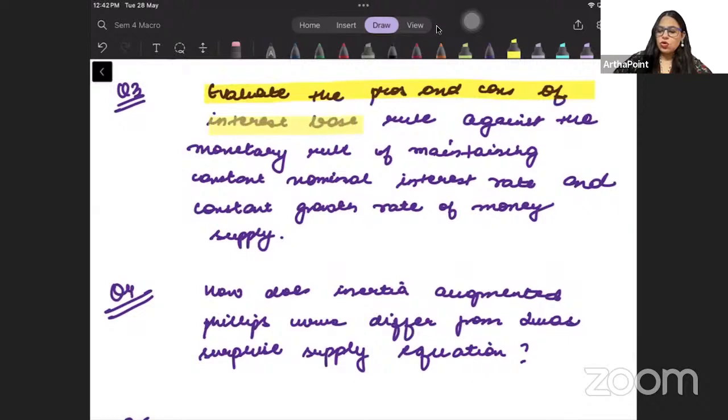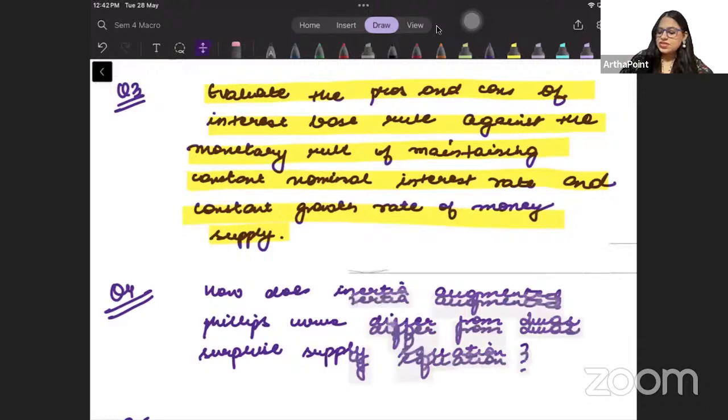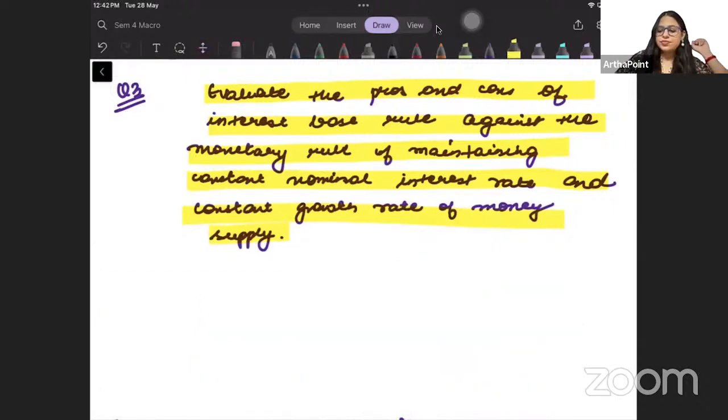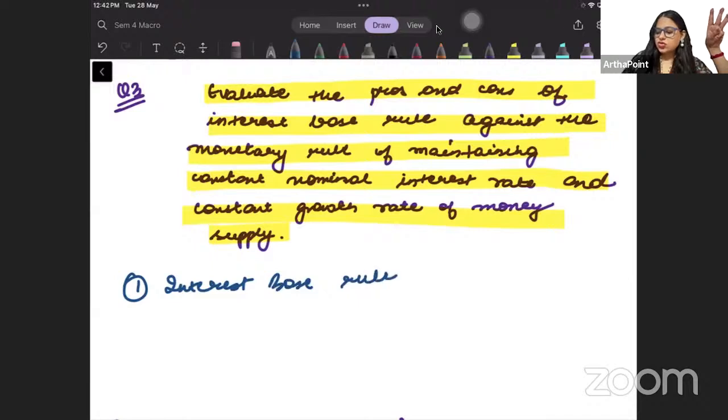Evaluate the pros and cons of interest-based rule against monetary-based rule of maintaining constant nominal interest rate and constant growth of money supply. So basically, in the book, you are given 3 rules. Para rule is the interest-based rule. The second rule that you are given is constant nominal interest rate rule.